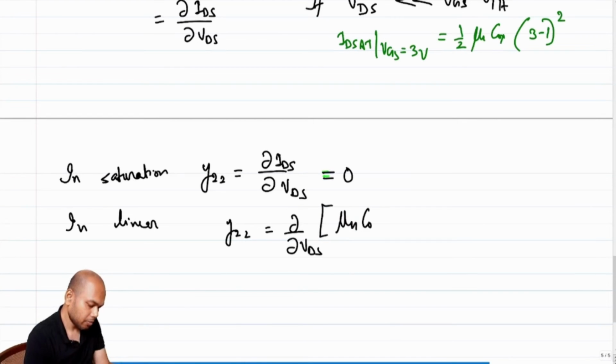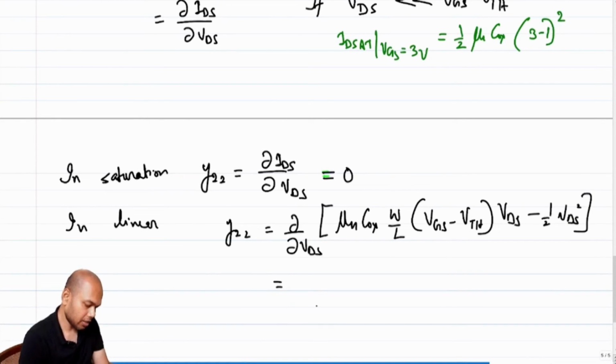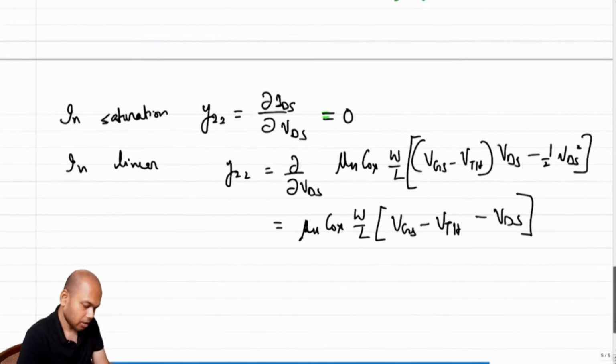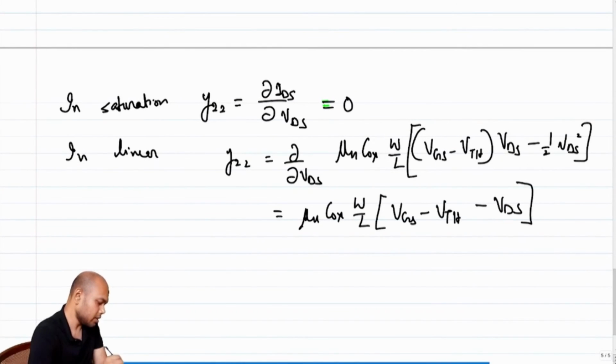What is that? mu n Cox W over L times VGS minus threshold voltage times VDS minus half VDS squared, which is nothing but mu n Cox W over L times VGS minus threshold voltage minus VDS. Okay.